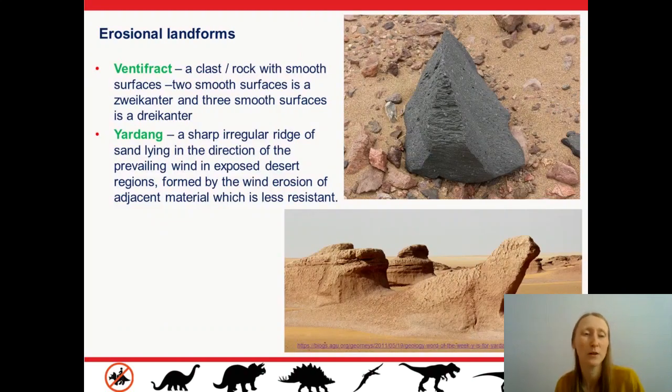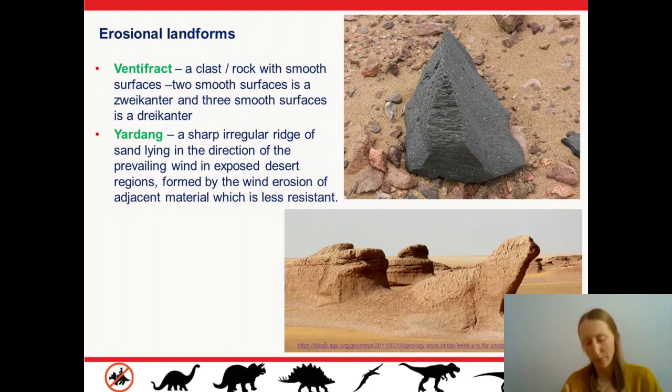Some classical erosional landforms from our hot desert systems are ventifacts. So that's this image at the top here. And we can see on this image you've got two really nice smooth surfaces, and this is what's known as a Zweikanter, basically two smooth surfaces. If you can get three smooth surfaces on this, it will become what's known as a Dreikanter.